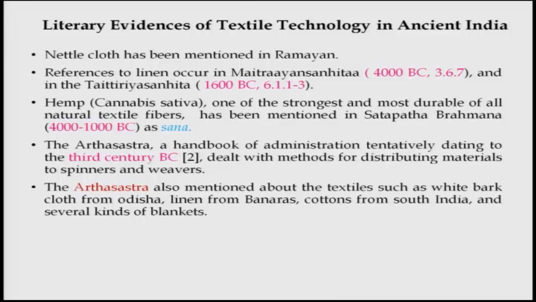So that system was there in earlier days. The Arthashastra also mentions textiles such as white bark cloth from Odisha, linen from Banaras, cotton from South India, and several kinds of blankets. You might know a story about blankets around Chanakya, right. I will not get into that because of paucity of time.